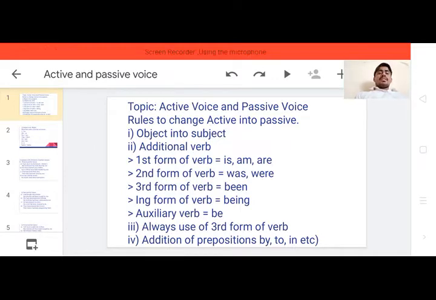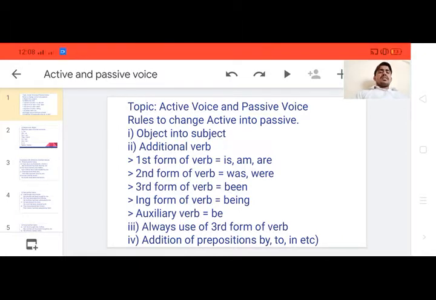If there is the third form of the verb in the active sentence, you will put been, but with the use of that helping verb which is already used. If there is the ing form of the verb, you will put being, add being with the same verb. If there is an auxiliary verb, meaning can, could, may, might, etc., you will add only be with that same verb.